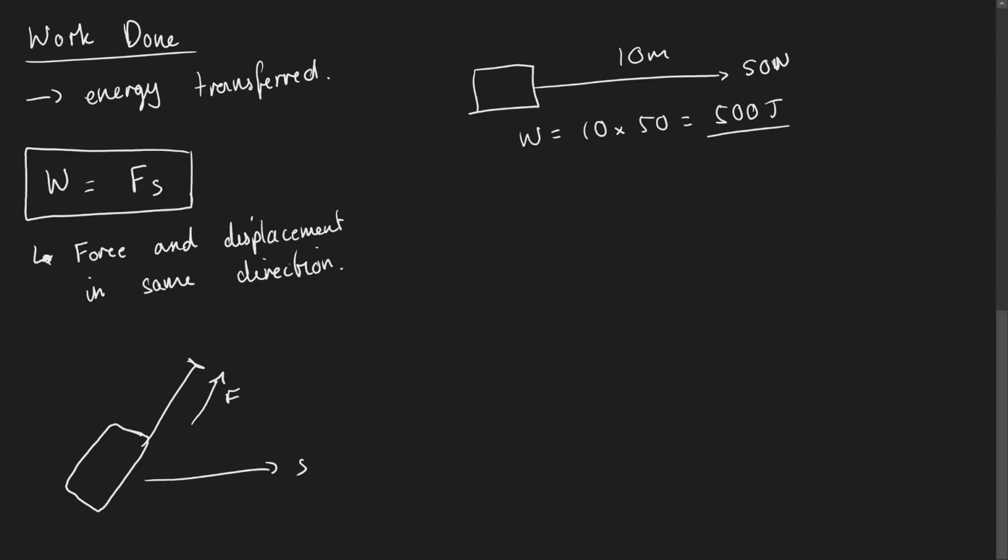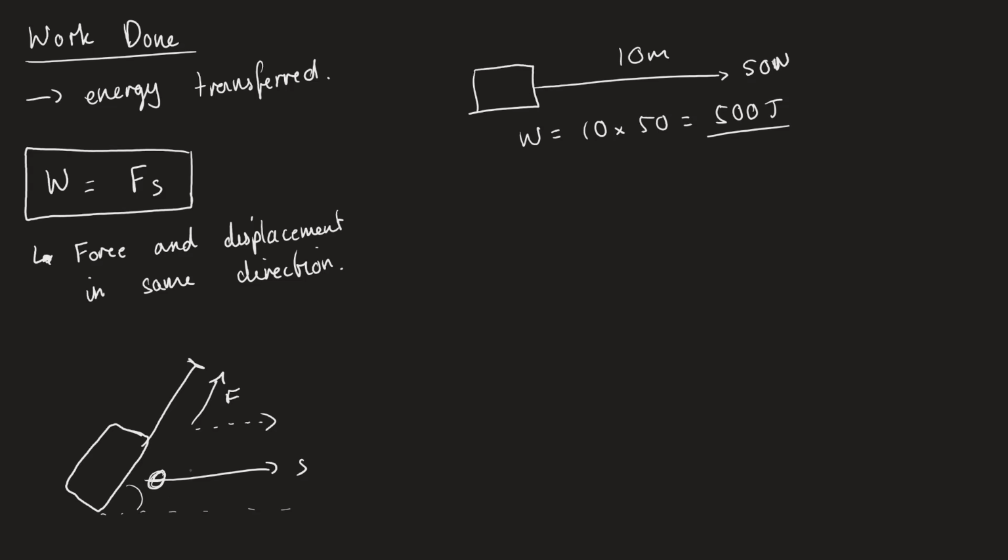So we have to actually generalize this, and we need to work out an expression for the force component in this direction. Now what we can probably say is that this is definitely going to be at some angle to the horizontal, and this angle I'm going to call theta.